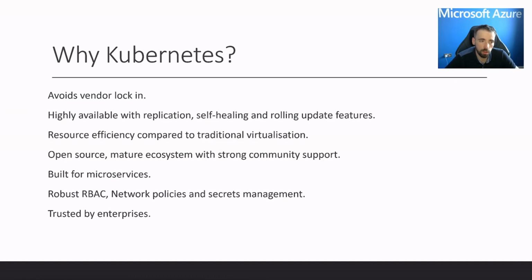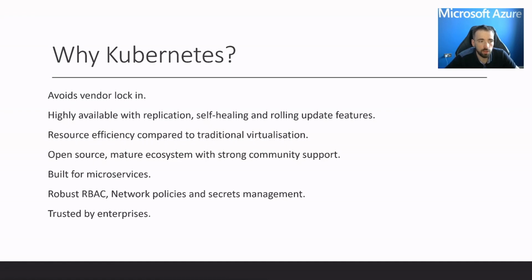If we think about virtual machines, we give a virtual machine 8 CPUs, 16 gig of RAM, and whether it requires that or not, it's going to utilize it. With Kubernetes and our containers, it can move our containers between these different nodes to ensure efficient use of the resources we've got available.